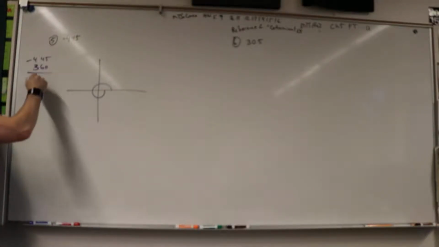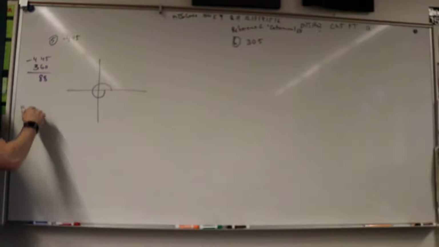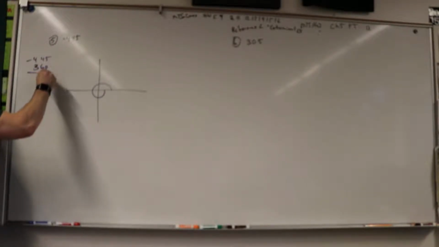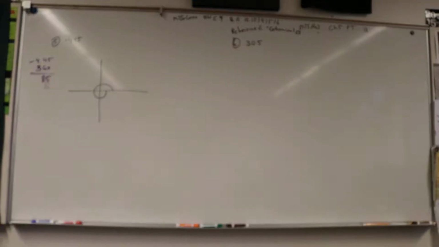It's 85, because it's 40 plus the 45, which is 85, right? Not 88. 85. So that means it's going to be 85 more, which puts it really close to 90. Does that make sense?